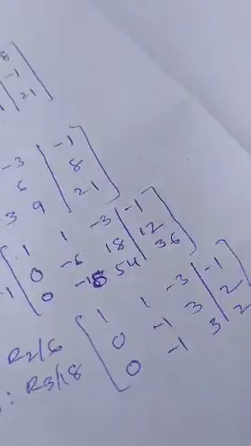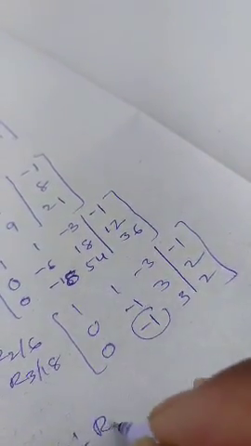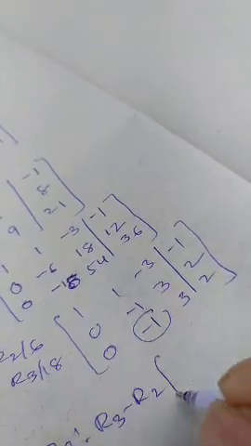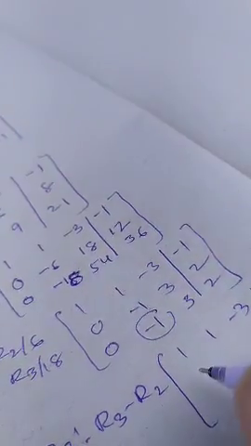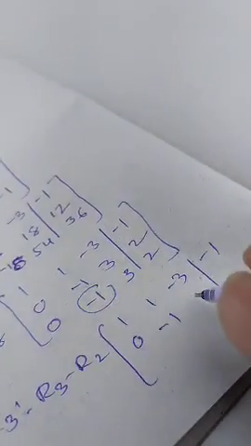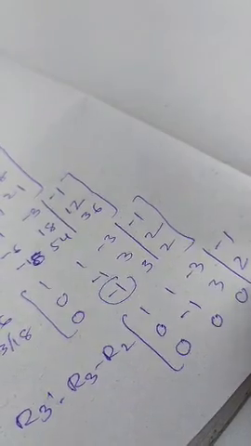So I reduce the values of R2 and R3. Now I will convert this to 0 by using minus 1, so R3 minus R2: 1 1 minus 3 minus 1, 0 minus 1 3 2, 0 0 0 0.